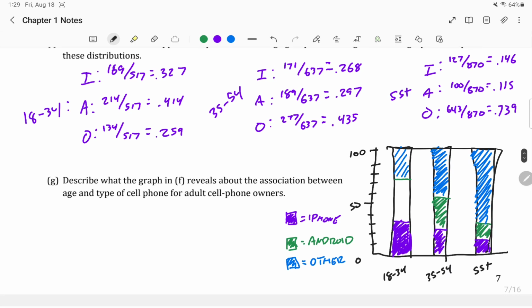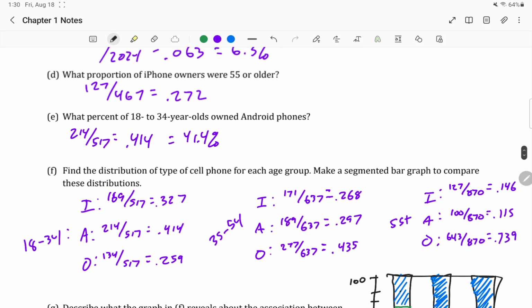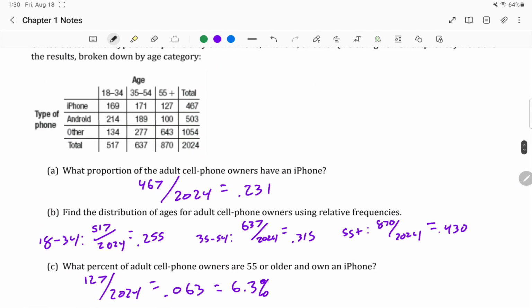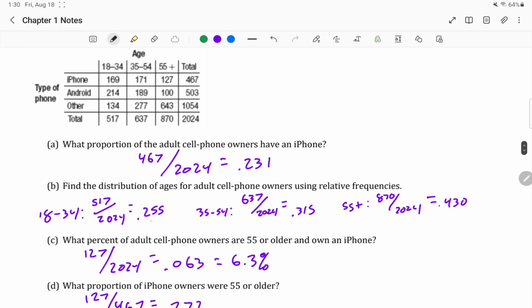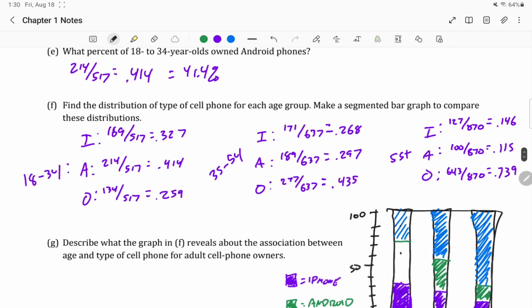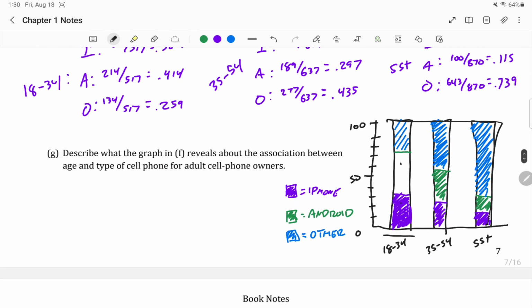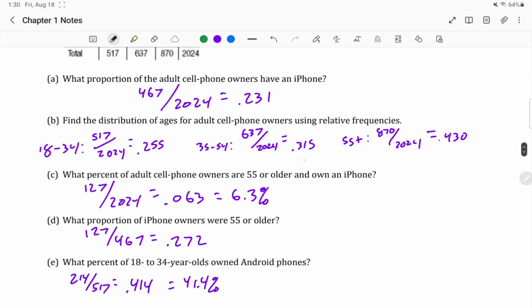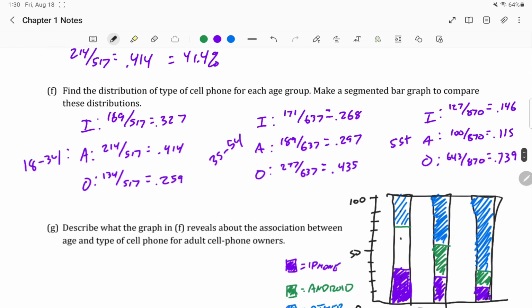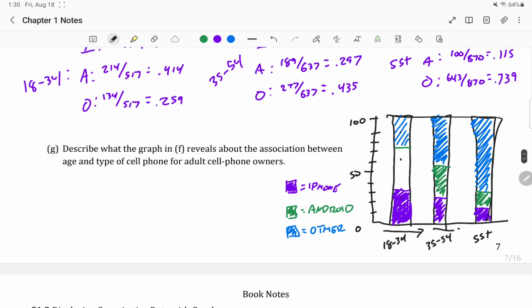While this is still segmented like this, the 18 to 34-year-olds were 507, which is 25%. So they would take 25% of that horizontal axis. And then 35 to 54-year-olds were 32-ish%. So they would take the next 32% of this.